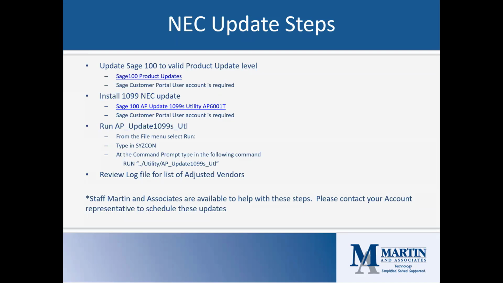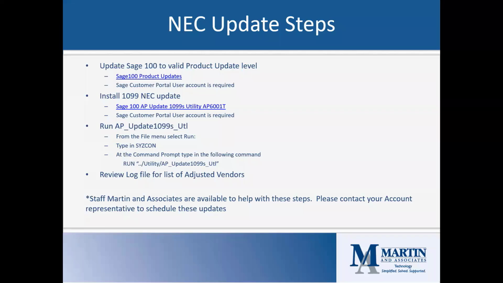I'll show you the process of what that utility does. The next step is to actually run that utility. It has to be run for each company. It only takes a couple seconds, maybe a minute, but you have to do it for each company that's going to report 1099s.